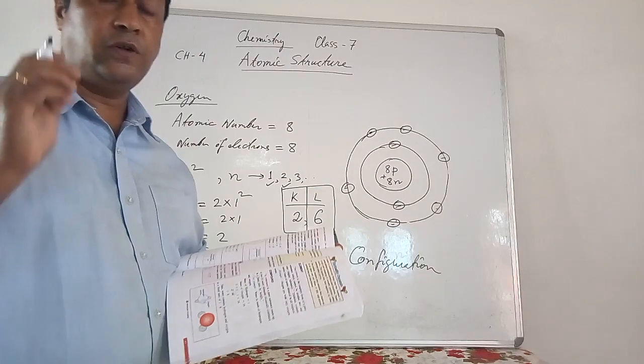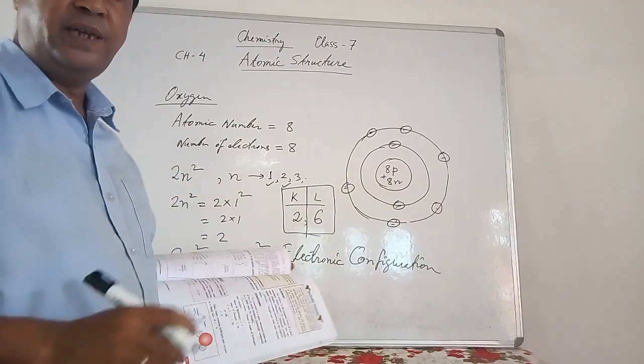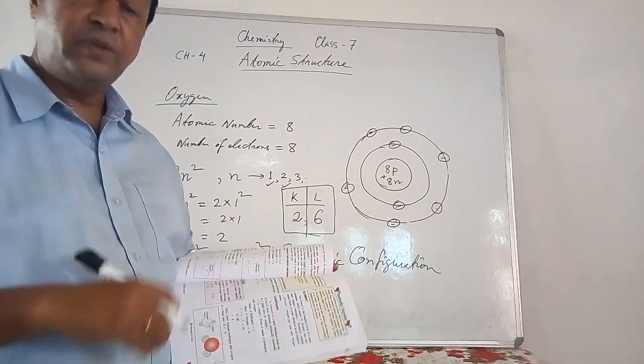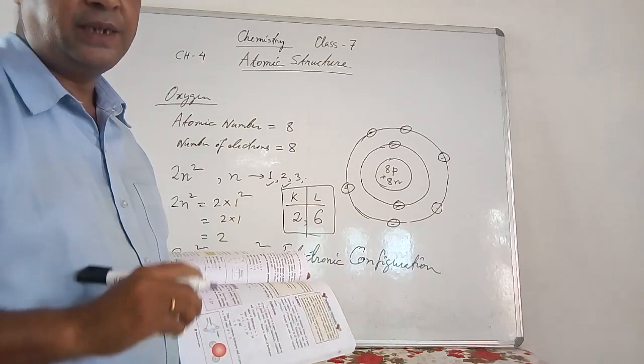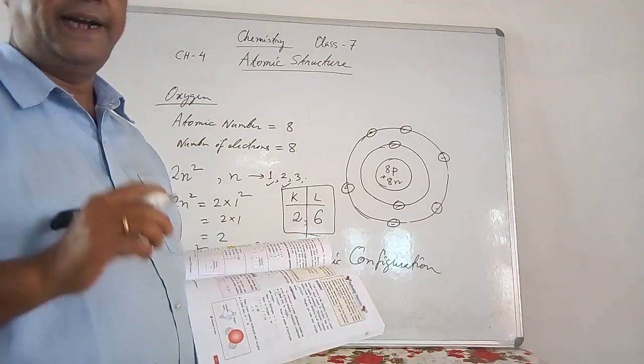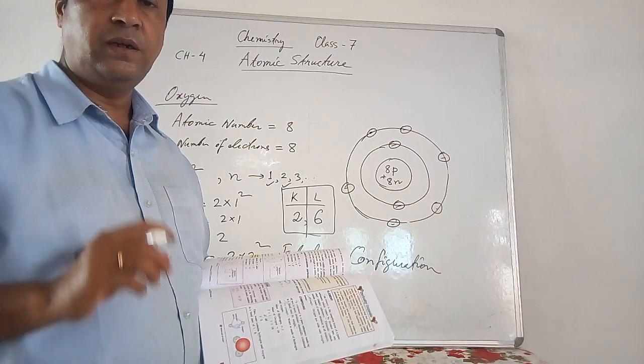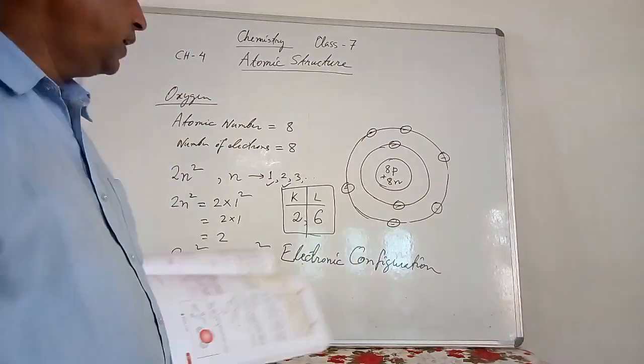So, what is electronic configuration? It is the arrangement of the electrons around the nucleus in different shells. I think it's clear to you.